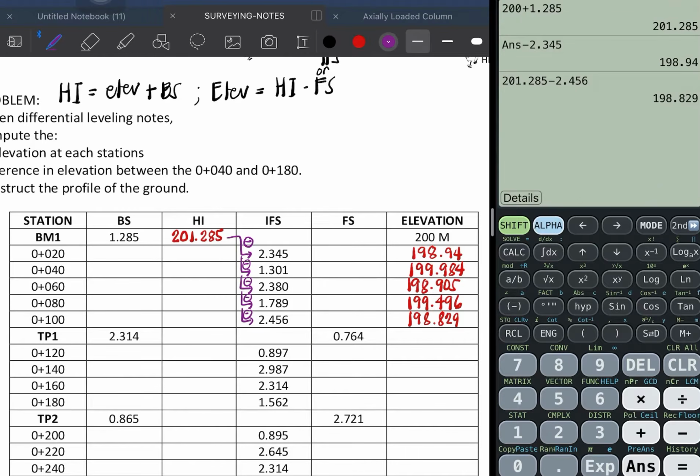And then you have the last foresight before the turning point, 0.764, therefore minus 0.764, so you have 200.521.